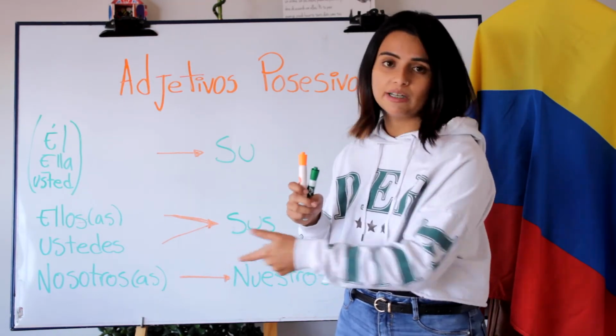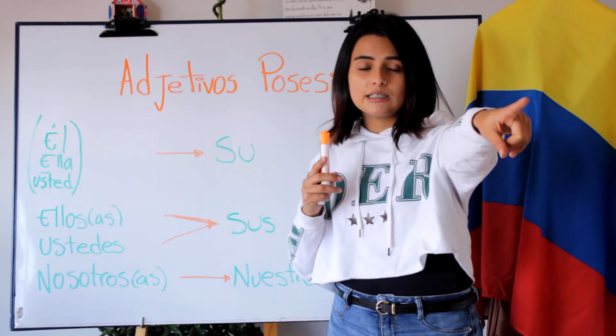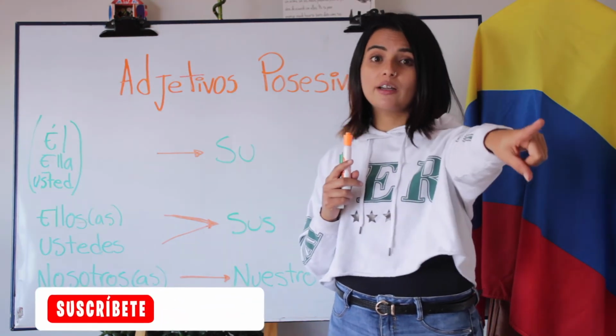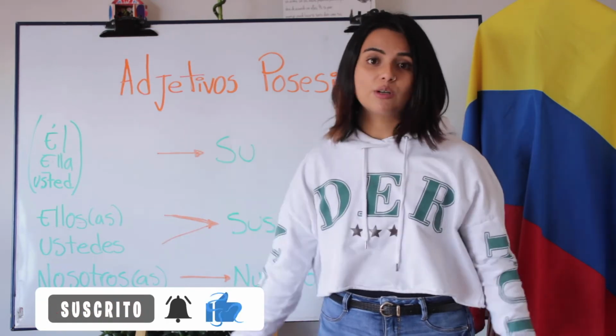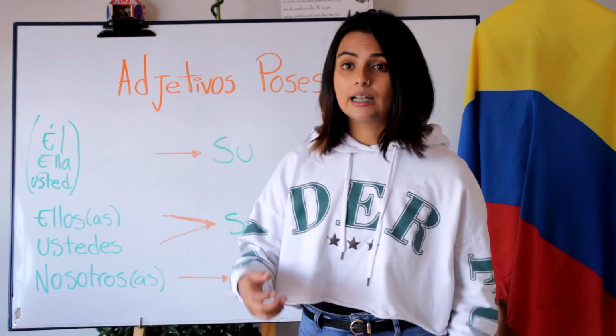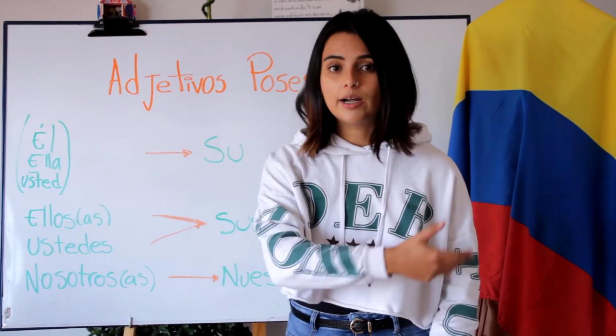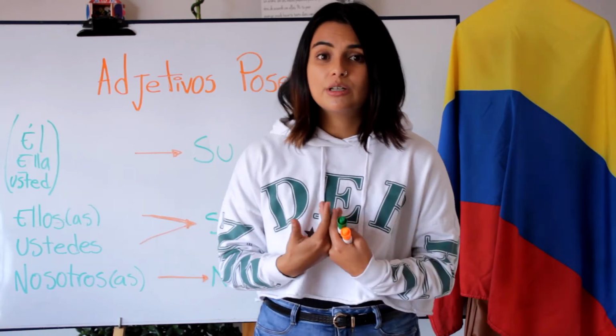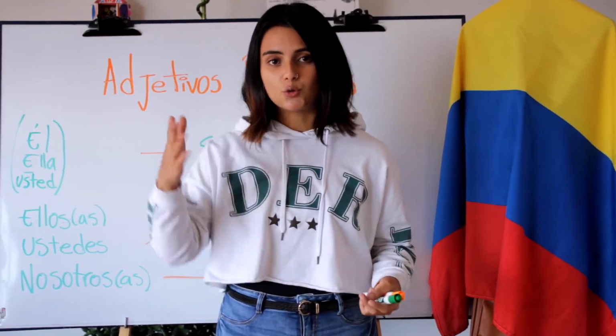She might say, or he might say, yeah, it is his marker, right? But in Spanish we would say, es su marcador, and my friend will point to that person, right? Or she would say, es el marcador de Juan.